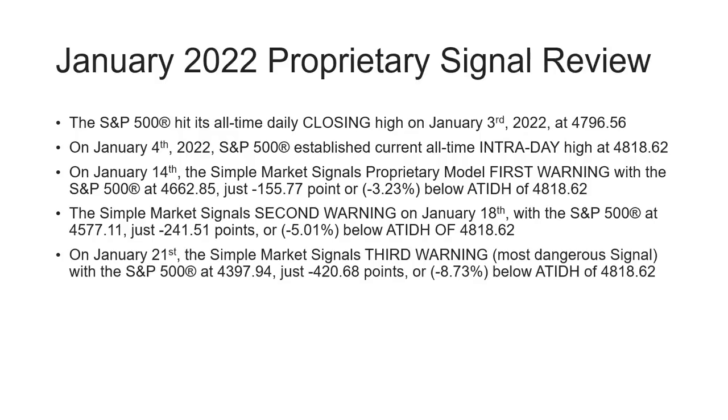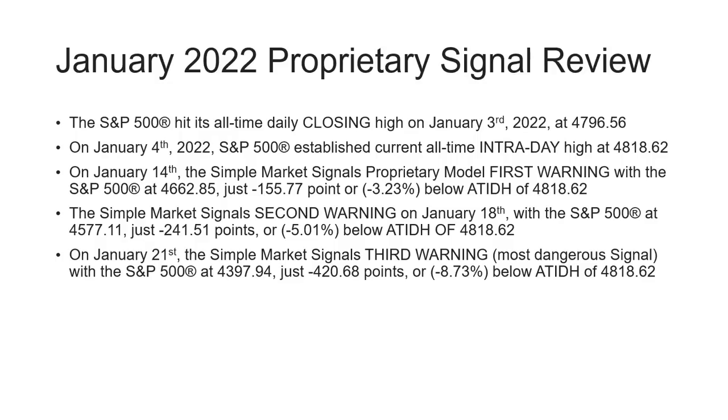And then on January 21st, the Simple Market Signals third warning and our most dangerous signal within our model was issued with the S&P 500 at 4397.94, just 420.68 points, or 8.73% below the all-time intraday high of 4818.62.